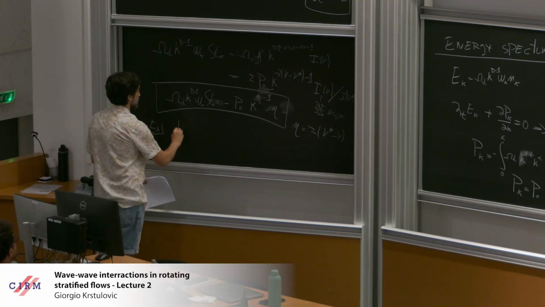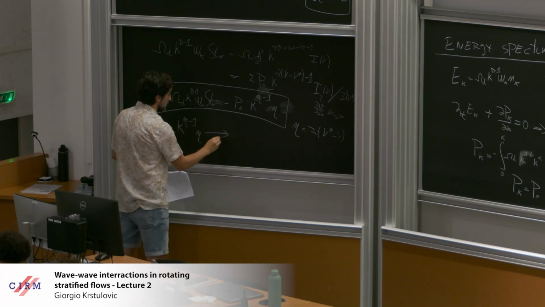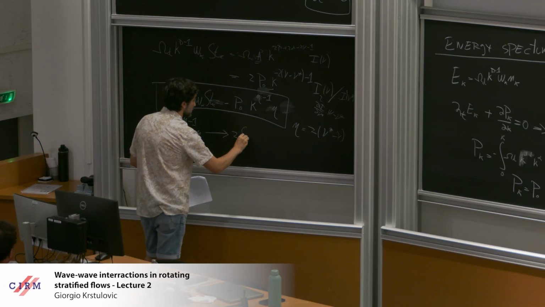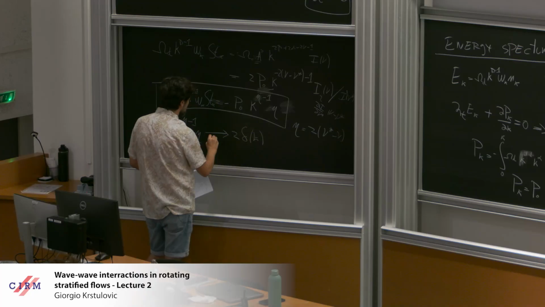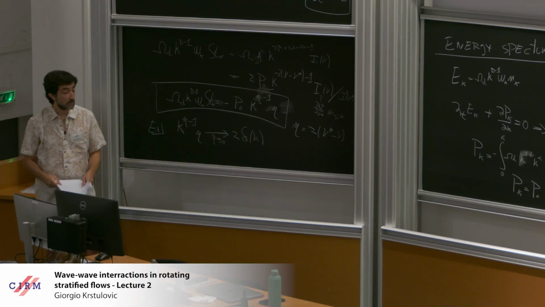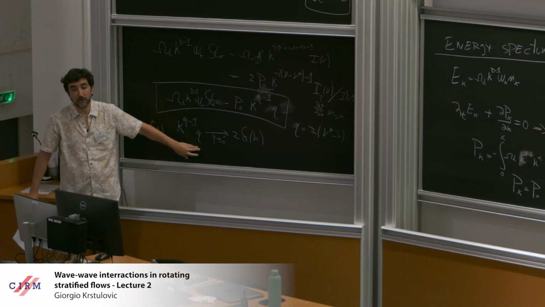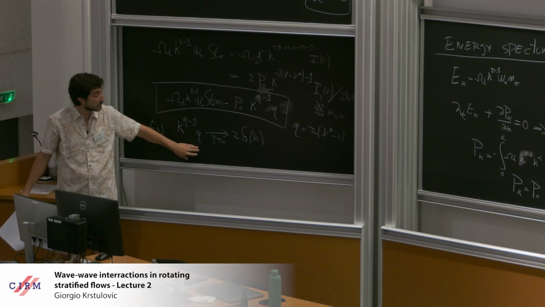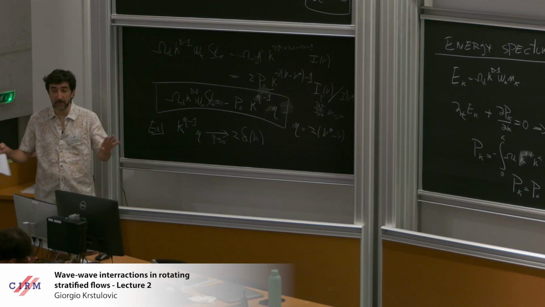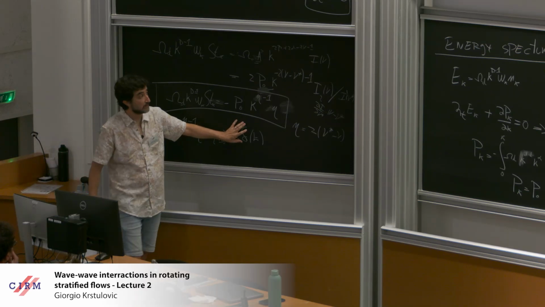If you have this, it goes in the sense of distributions to 2 delta of k when eta goes to 0, okay? This is an exercise from math you can do. It's a very strange approximant of the delta, okay? But you can prove it with a test function. You multiply it and do the simple math and you can show this perfectly, okay?